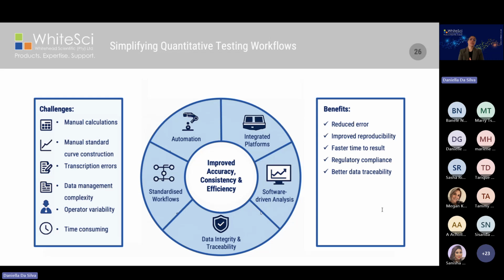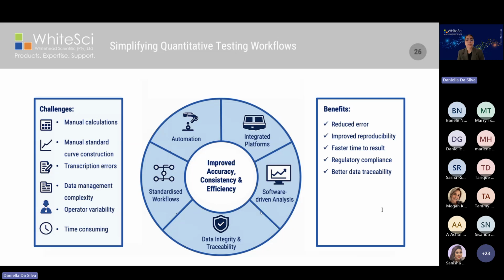As testing volumes increase, laboratories naturally begin looking for ways to improve their efficiency. However, increased throughput often introduces additional complexity. Manual calculations, data transcription, spreadsheet manipulation, and result interpretation all create opportunities for variability and human error. This is why many laboratories then move toward more integrated and standardized workflows.